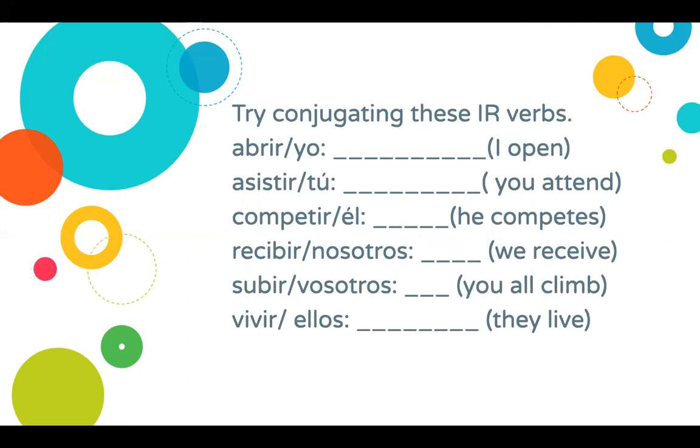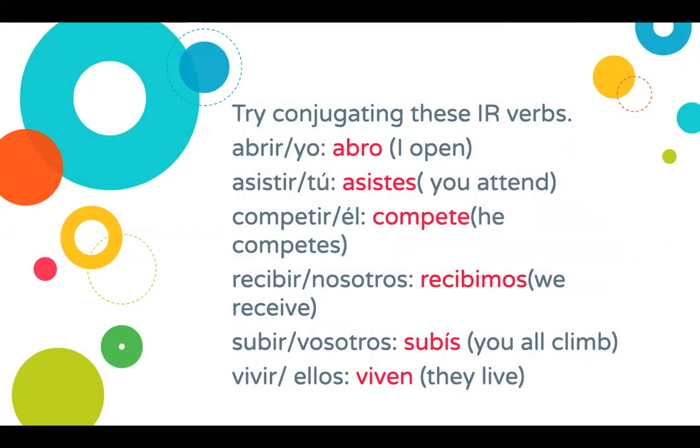Now take a second to try to conjugate these IR verbs. Abrir in the yo form is abro, which means I open.